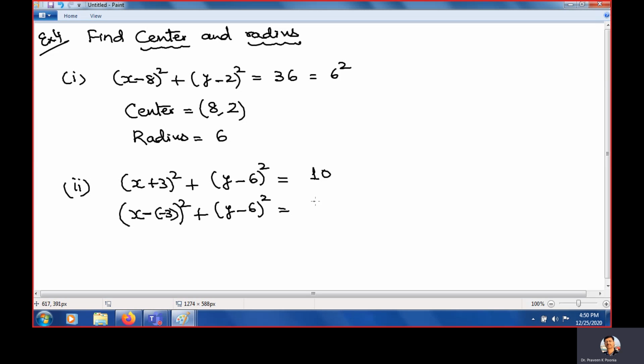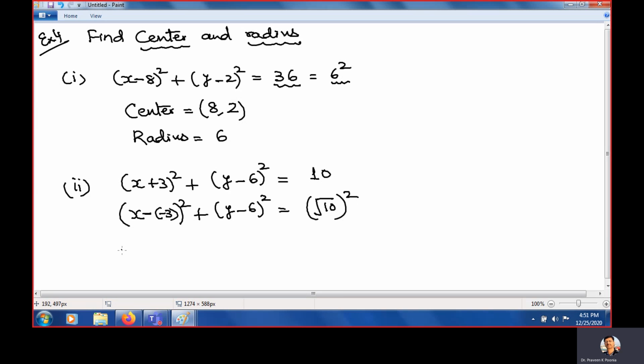How can we write it in square form? It is square root 10 whole square. Square cancelled by square root. Here was 36, so we can write it in the form of 6 power 2, but we cannot write 10 like that, so we will write it as square root 10 power 2.